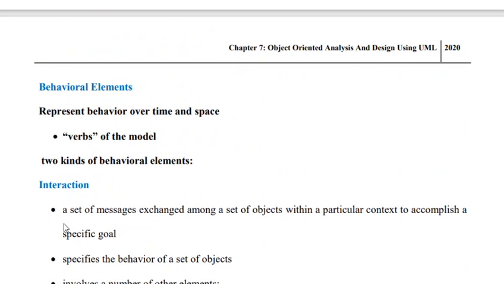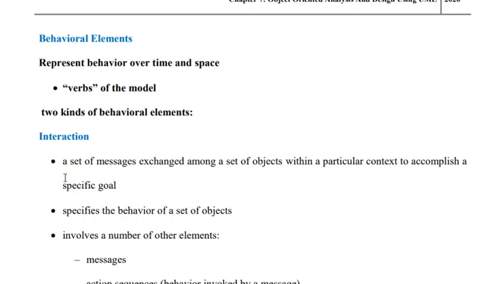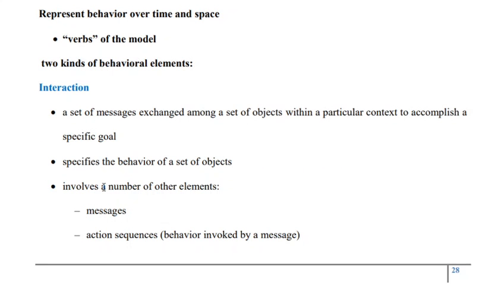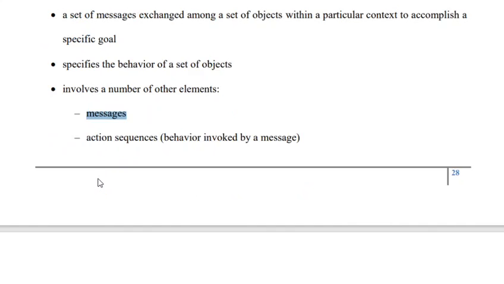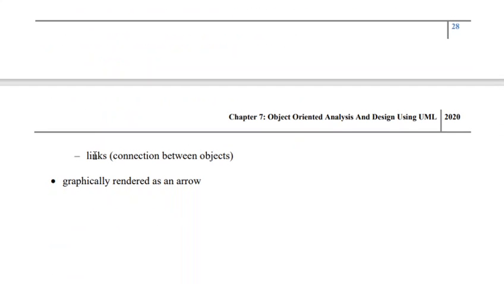This is an important aspect that we need to remember: whenever objects interact, they interact by exchanging messages, and in order to accomplish a particular goal or attain a particular objective, they exchange a sequence of messages. So it involves messages, action sequences, and links.